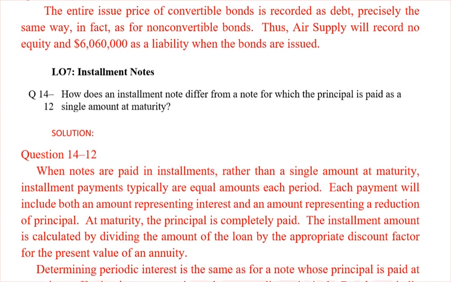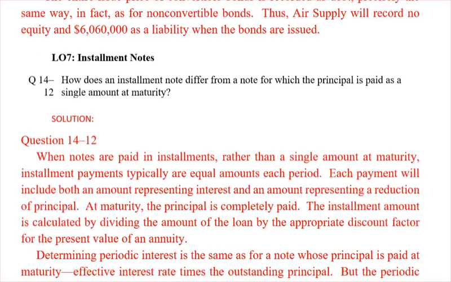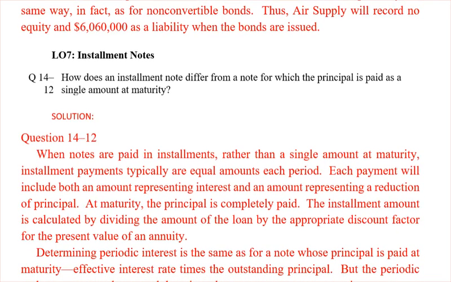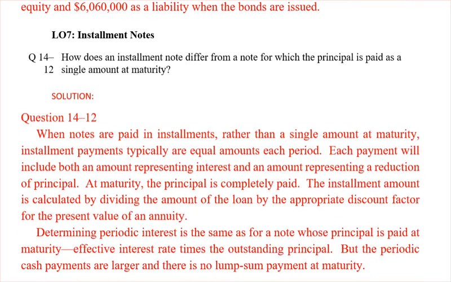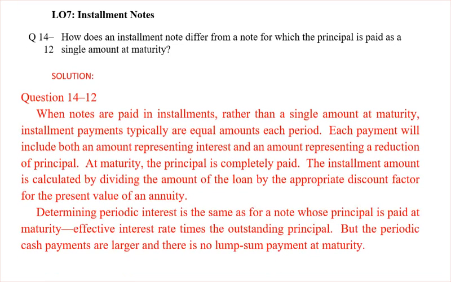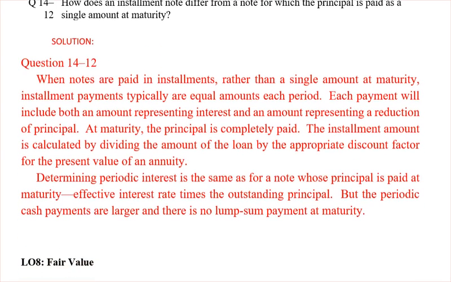We are still going to calculate interest expense as the outstanding amount at the beginning of that particular time period times the market rate. But the periodic payments are larger, and there is no lump sum payment at the end of the time period. And the installment notes more appropriately relate to a capital or financing lease, which we will cover in the next chapter.